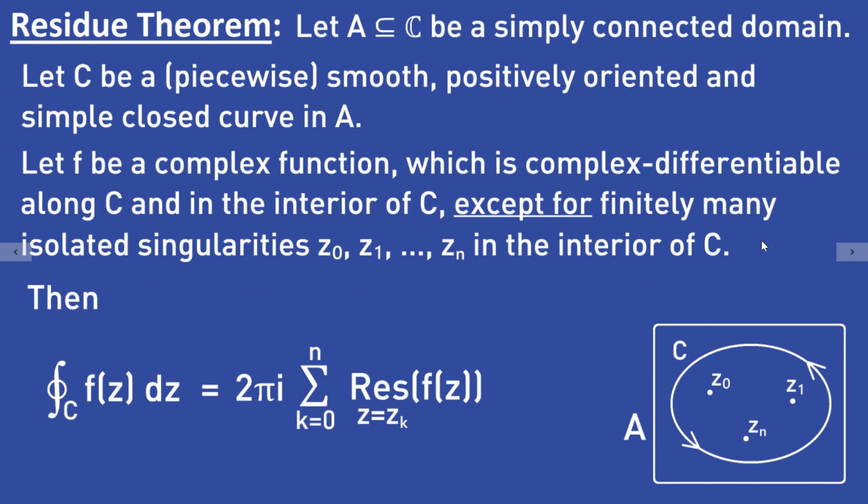Then the curve integral of f along the curve C is equal to 2 pi i times the sum from k equals 0 to n of the so-called residue of the function f at the isolated singularity z_k.